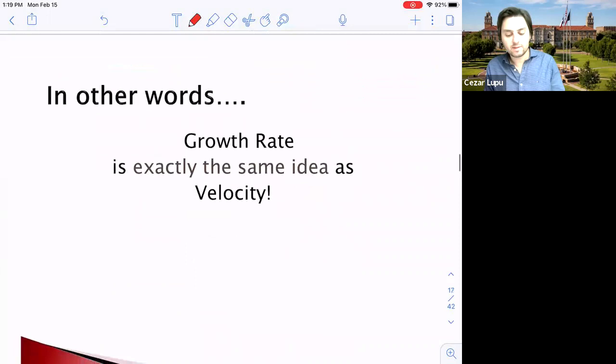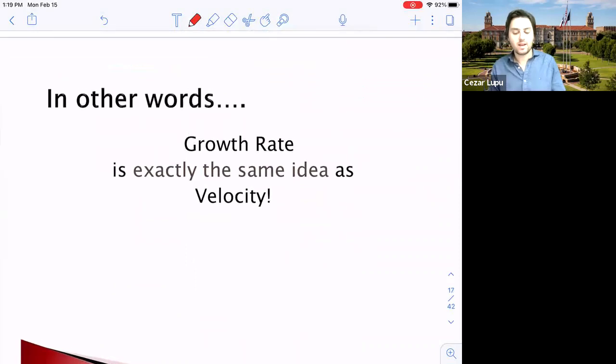In other words, what can we say? Growth rate is exactly the same idea as velocity. So when you hear the word growth rate in biological populations, and I believe you will hear this if you take any biology class or math biology, it will be the same thing as you have seen in physics with velocity.